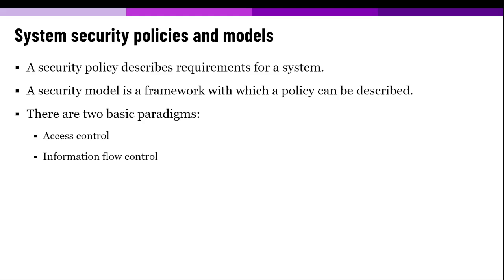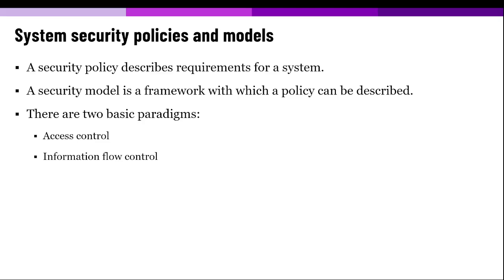All right. So a security policy describes the requirements for a system. What is it the system should do in terms of access control? And a security model is a framework under which that policy can be described. The difference is a bit similar to our example just 2 seconds ago, where I talked about 2 philosophical approaches.